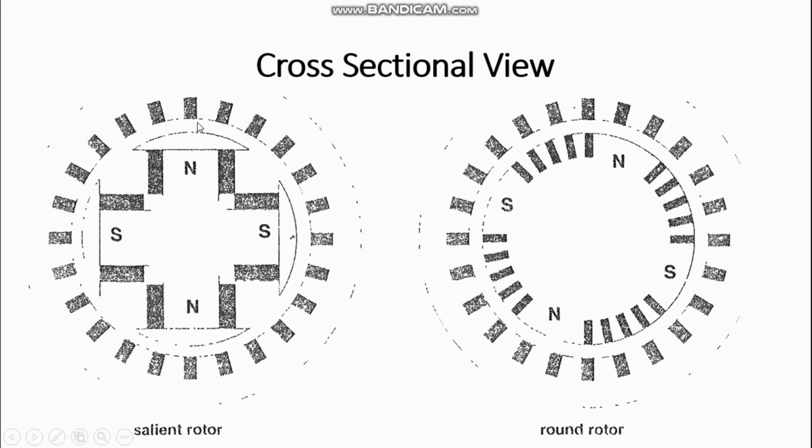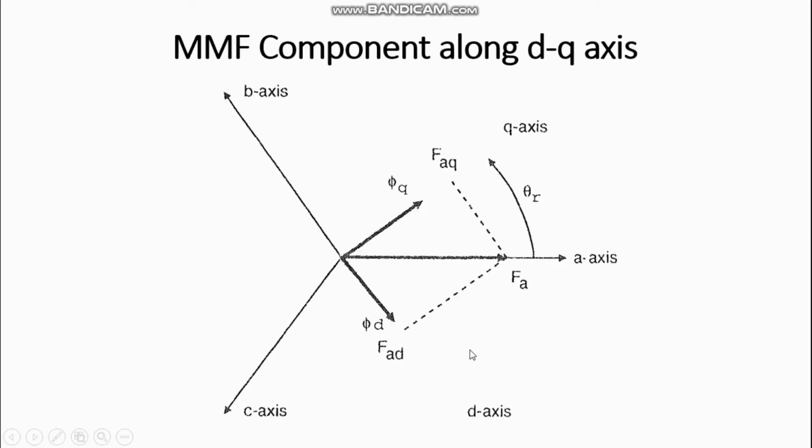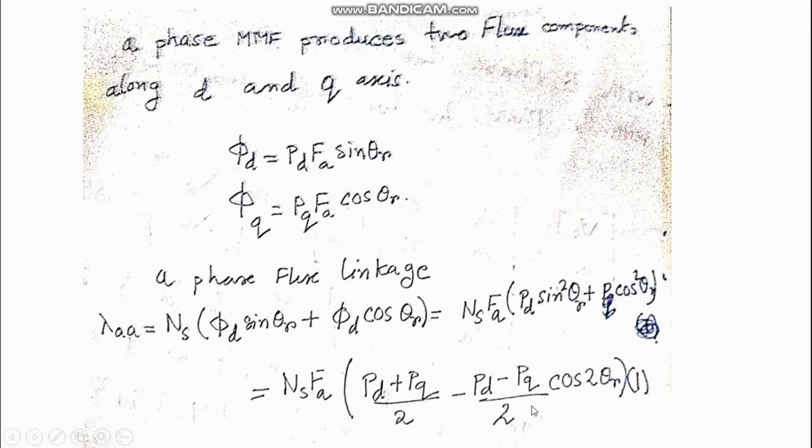Now, as you have PD along the direct axis and PQ along the Q axis for a salient pole rotor, you can easily understand that at any intermediate position, the permeance value will be an average of these two extreme cases, right? So the phase flux linkage we can write as follows, since flux linkage is found by multiplying the flux by the number of turns.